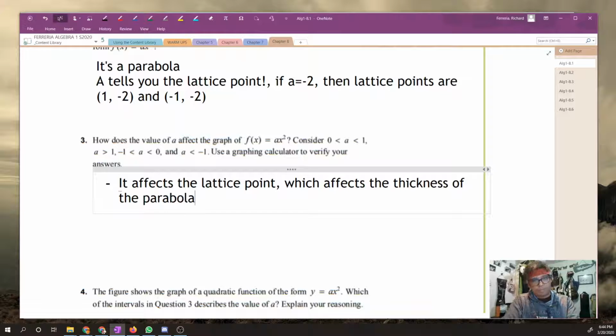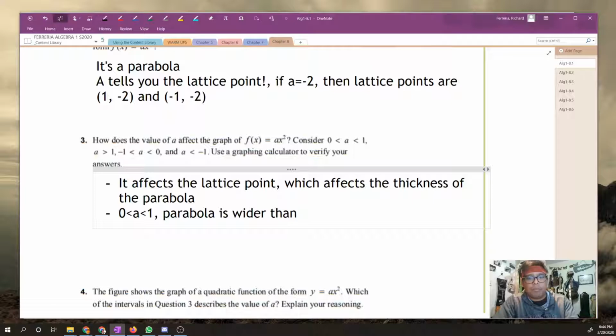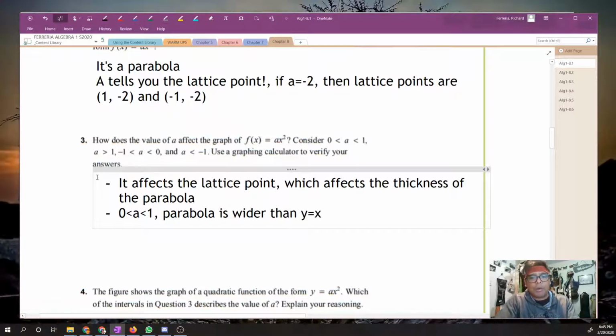If a is between 0 and 1, let's write it the way they wrote it, the parabola is wider. And we shouldn't say thicker anymore, I don't think. It's wider than y equals x squared.